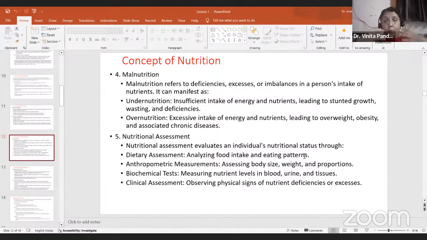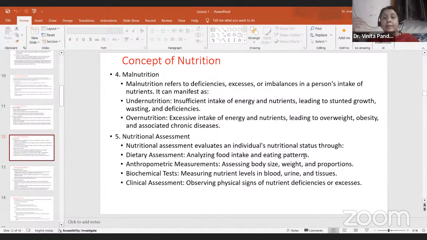What is body size, weight, and biochemical tests in terms of nutrient levels in blood, urine, and tissues. So if your urine examination is showing traces of protein, then you have to be a little cautious about it. If your blood is showing a higher level of sugar, then you have to address this.